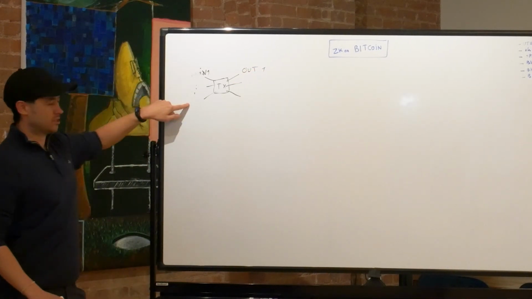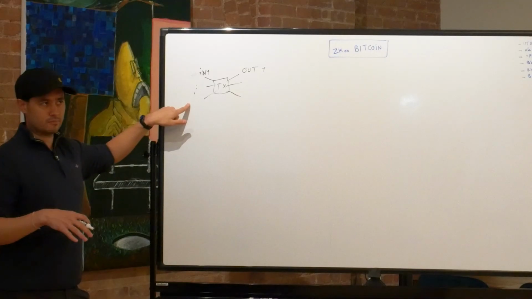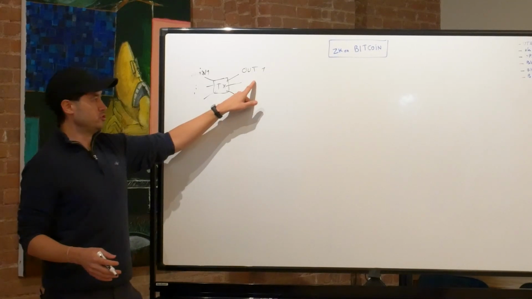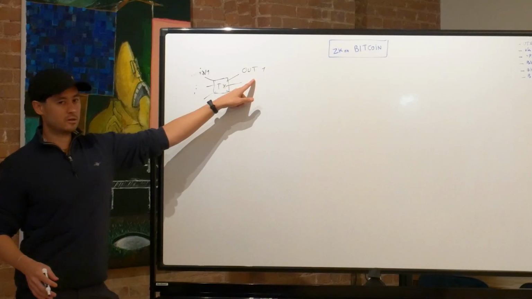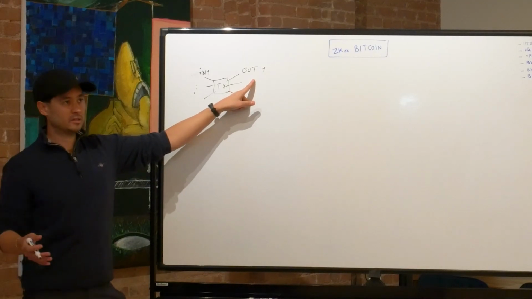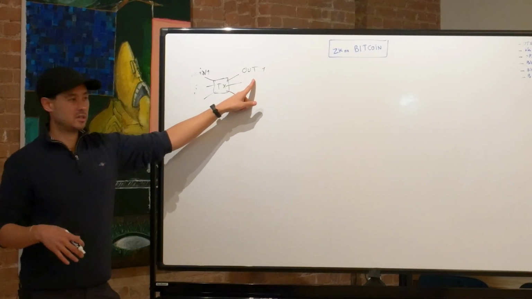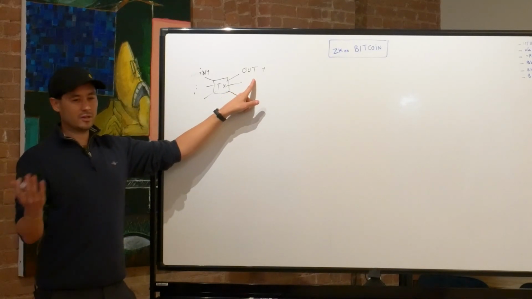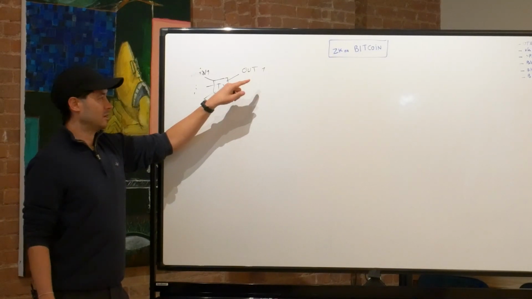Every input is a UTXO, so you're using it only once. It's consumable in a way. And then you create new ones, and these are going to be alive until they get consumed by another transaction. Or maybe they never get consumed because they can never get consumed for some reason.